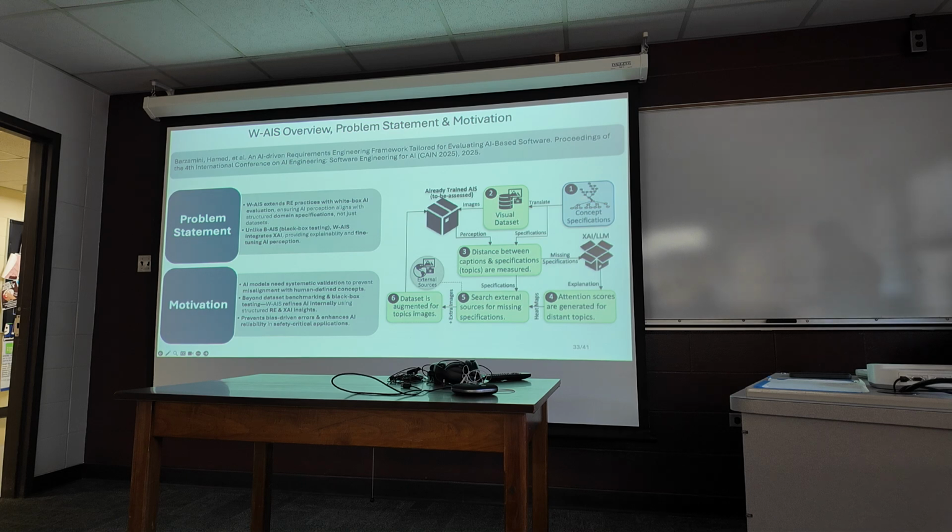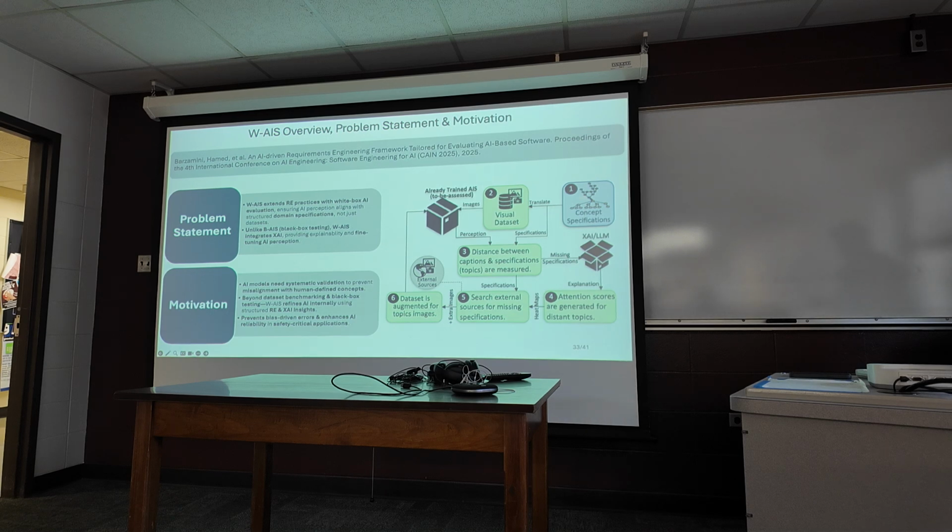VIS addresses this by going inside the model and checking whether the attention matches what the domain knowledge expects. So it works in six steps. First, we extract the domain knowledge to define the core attributes. Then we map both the specification and model focus into a shared embedding space. Then we measure the specification perception distance, how far off the model focuses, and then we generate the attention score for missing or weakly recognized topics.